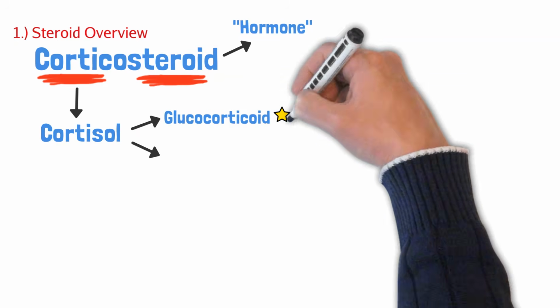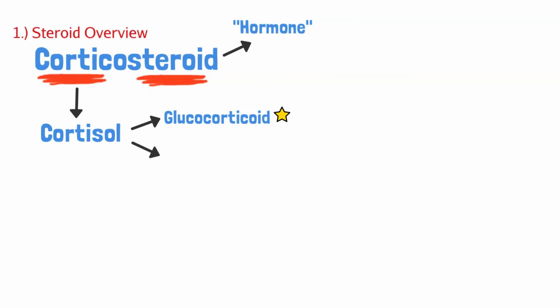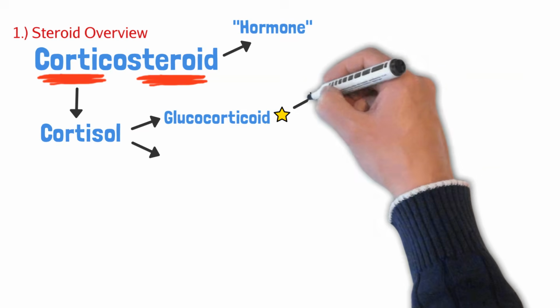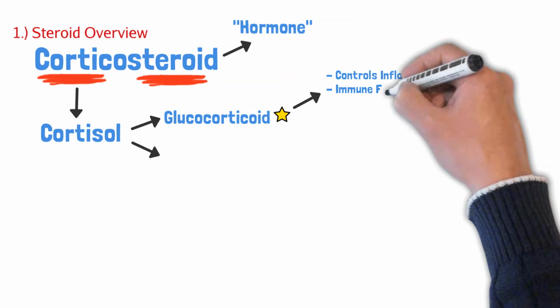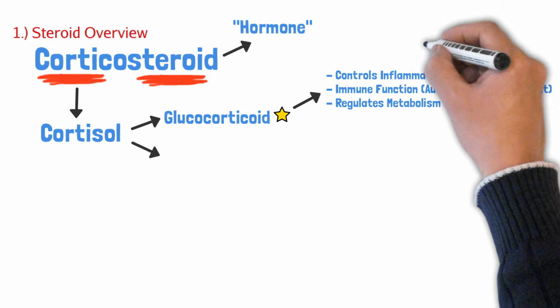The first effect is the glucocorticoid effect, and this is where we're going to focus most of our time. This is the effect or the pathway that most of these drugs are made for. The glucocorticoid effect has a bunch of different downstream effects.